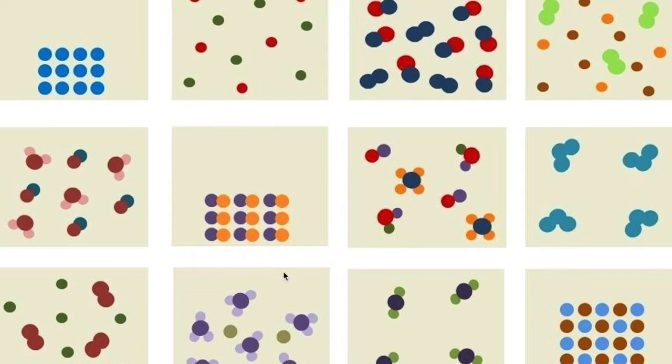However, this one right here with the three purple, three lavender, and then the green, they're all separated. Those are all considered mixtures. That's a mixture too, with the green and the two burgundy. This is a mixture. But this right here is a pure substance called a compound.